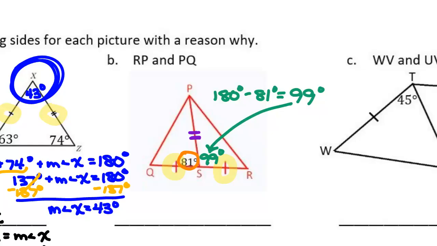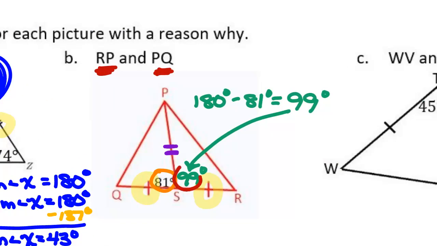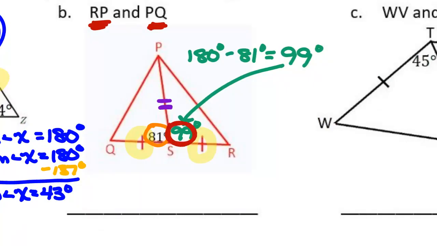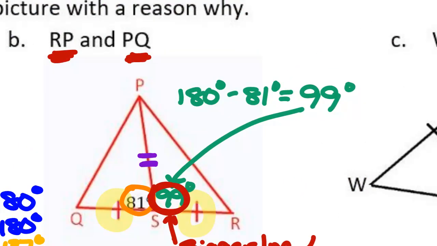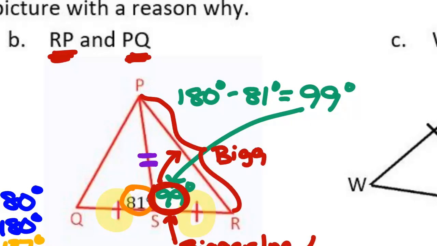Which of the two included angles is bigger? Left one or right one? Right one. 99 degrees is bigger. So which of these two sides, RP or PQ, would be bigger? RP. Here's my bigger included angle. Let's label that bigger included angle. So that means this side right here will be the bigger third side.